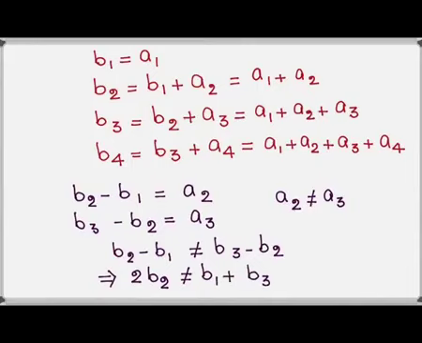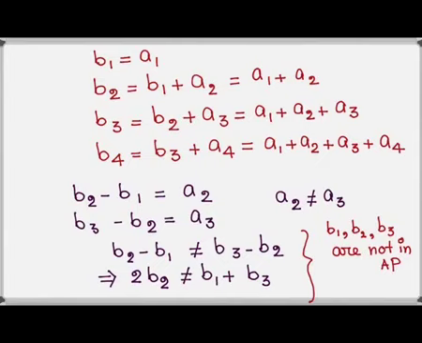This implies b1, b2, b3 are not in arithmetic progression. So b1, b2, b3 and b4 are not in arithmetic progression. Next we check whether B1, B2, B3 and B4 are in geometric progression or not.